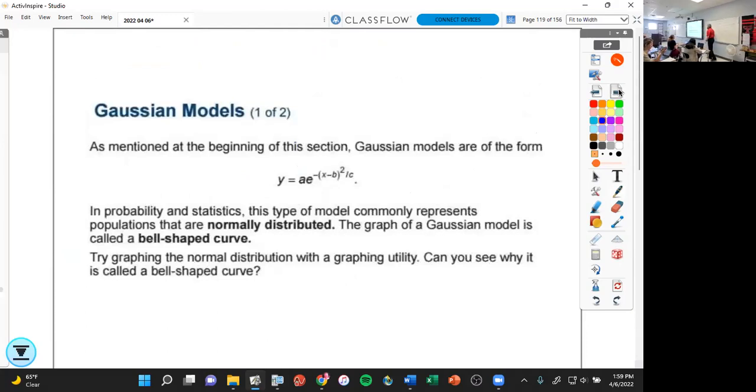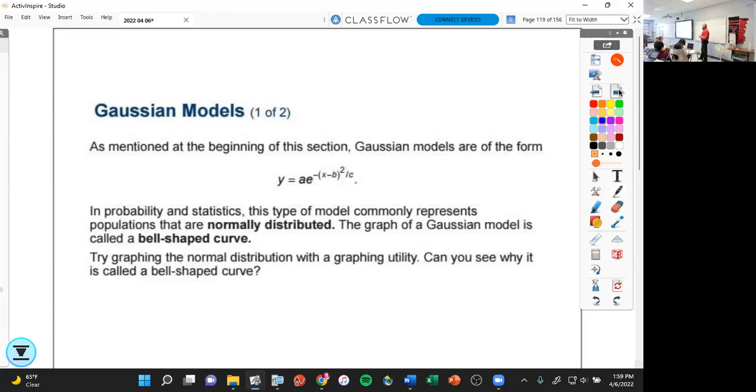The Gaussian models. Gaussian model is y equals a times e raised to the negative x minus b squared divided by c power. When data fits this, it's called normally distributed data.